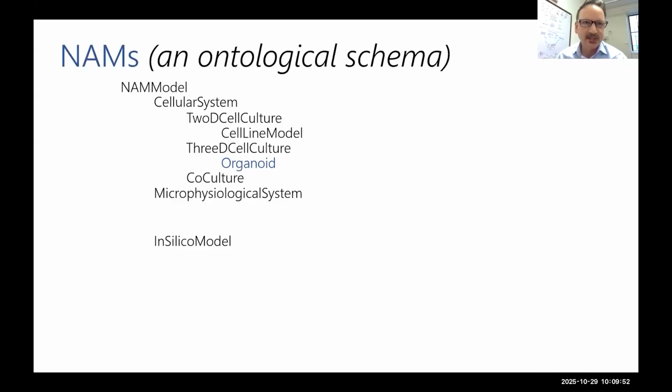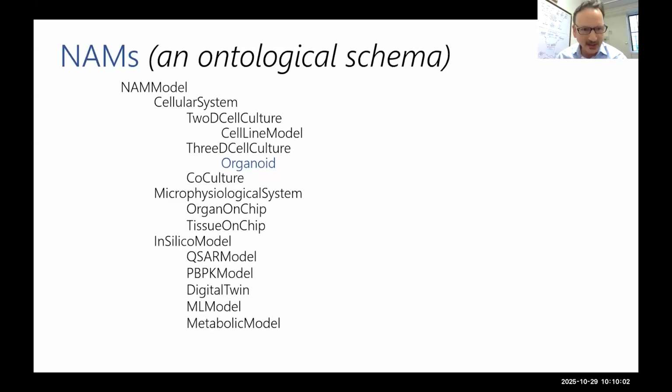Under microphysiological systems, in this schema, there are organ on chip and tissue on chip categories. And then in the in silico model grouping, there are QSAR models, PBPK models, digital twin, machine learning models, and metabolic models.